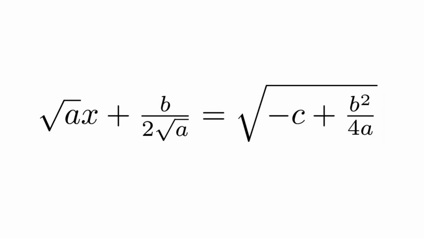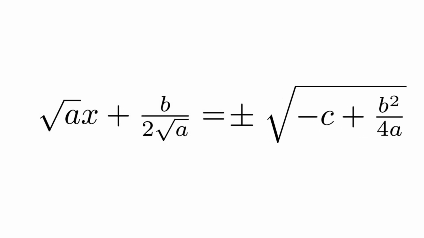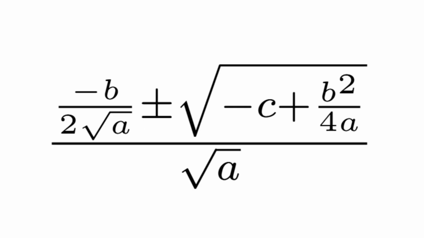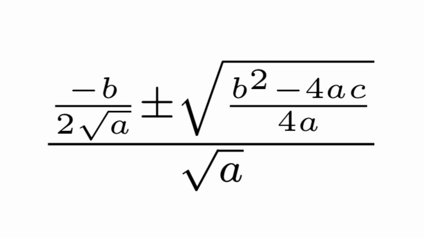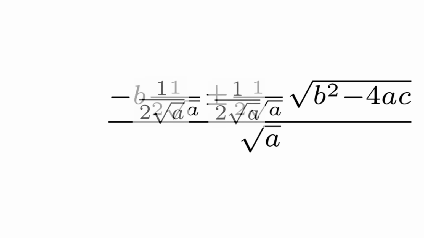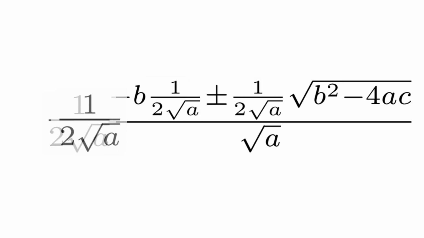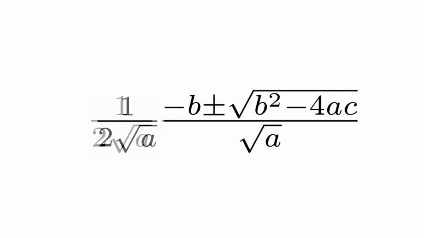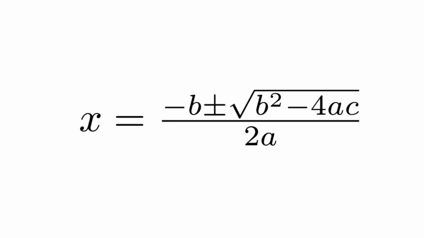Then we can square root both sides, remembering the plus or minus, and solve the remaining equation, leaving us with this, an absolute mess which simplifies like this. It simplifies completely to the formula we all know and love.